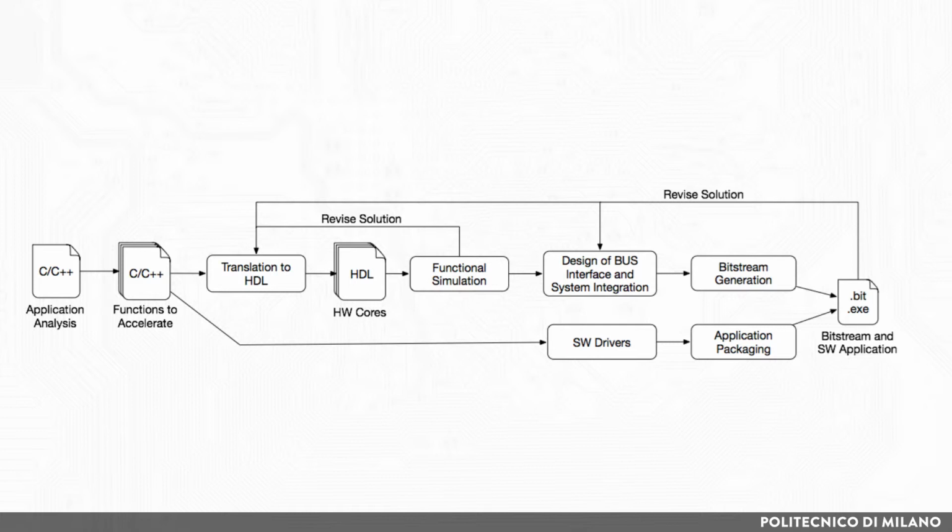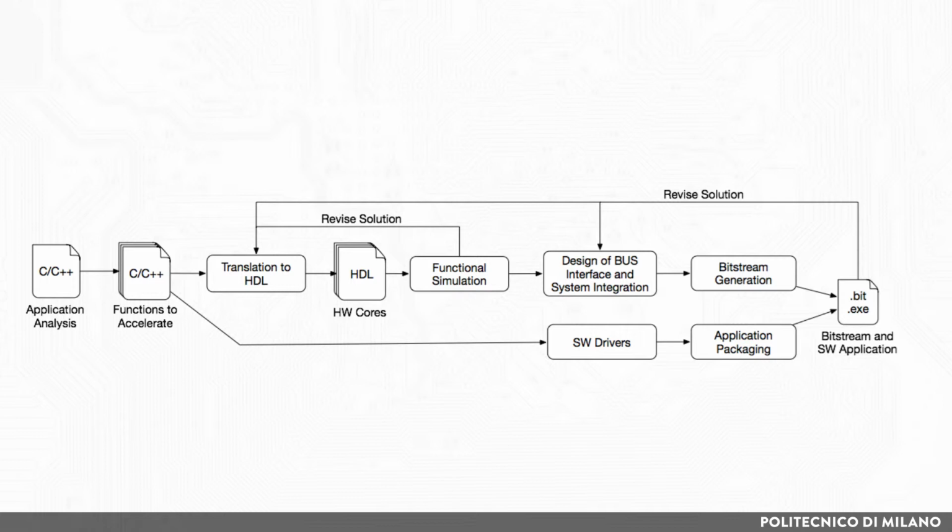At this point, it is also possible to have a first estimate of the performance. So let's say that we got to this point, but we are not fully satisfied by the solution that has been implemented and by its estimated performance. The HLS step is an iterative process, hence we may need several iterations before converging to a good solution. What we can do is revise our solution by, as an example, changing the optimization we are applying or increasing the level of optimization.